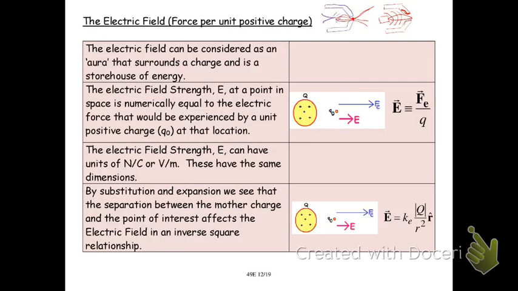You can think of it numerically: it is the force that a charge would feel per coulomb of that charge. So if it's a 5 newton per coulomb field, if you put 1 coulomb there, it would feel 5 newtons. If you put 5 coulombs there, it would feel 25. If you put 10 coulombs there, it would feel 50.